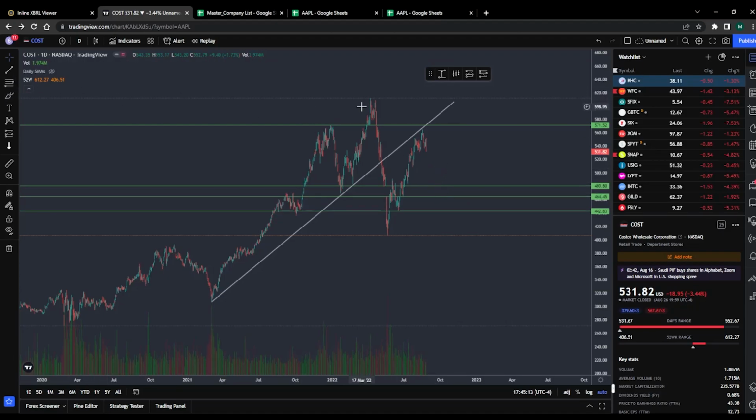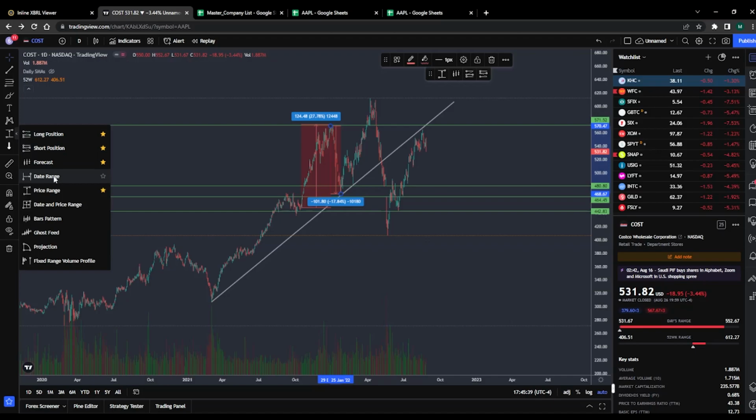Price could go higher, but you can see here when Costco does sell, it does sell hard and fast. So over 2 months it went up 27%, and then shortly thereafter, over about a month, it dropped 20%.